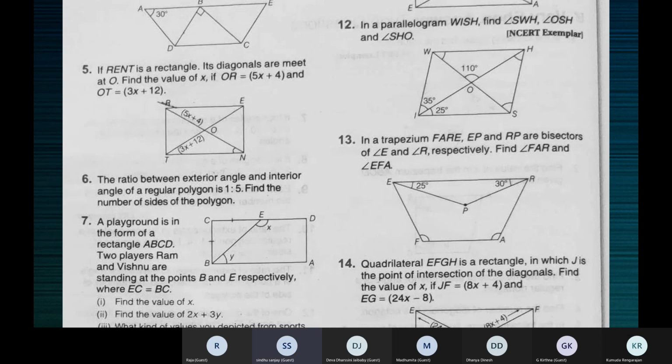Ma'am, SHO is 35 degrees. Yes, because alternate angles are equal. Parallel line, transversal, parallel line. SHO is 35. Correct.